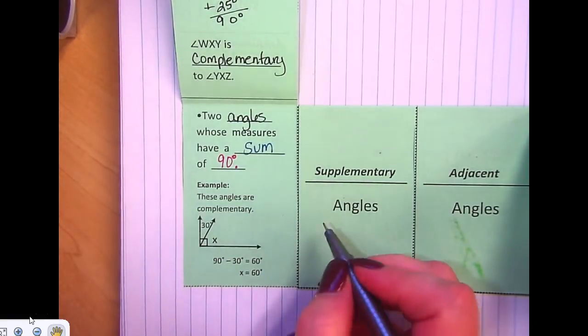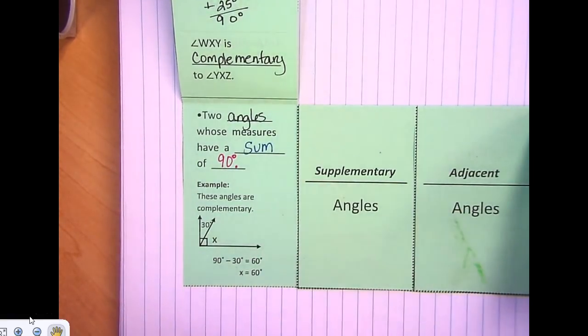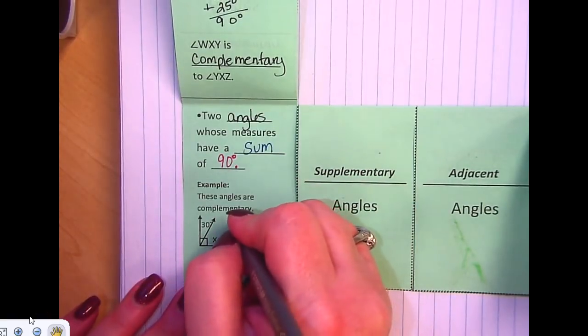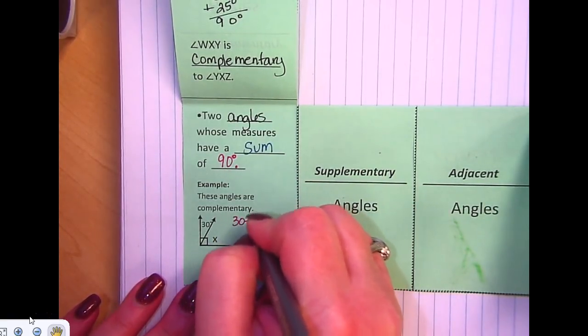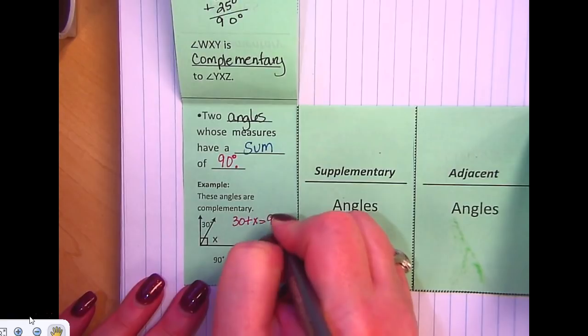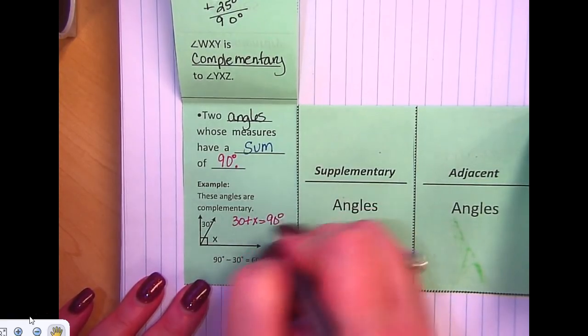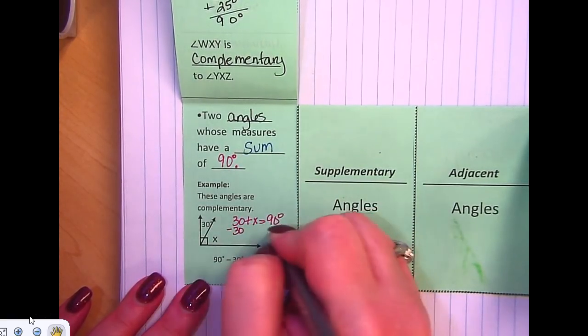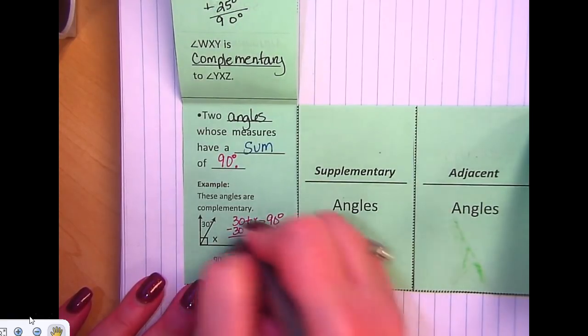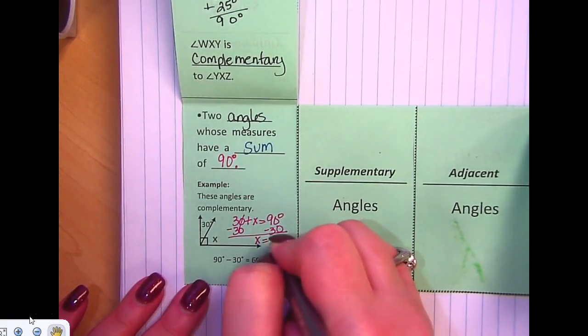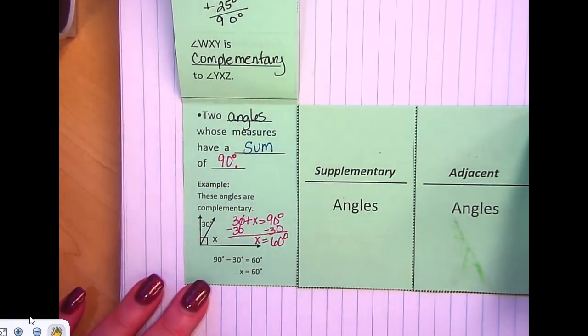So we're going to start setting these up like an equation, and we would say that 30 plus x have to equal 90 degrees. So then you would subtract 30 from both sides, and you're left with x equals 60 degrees.